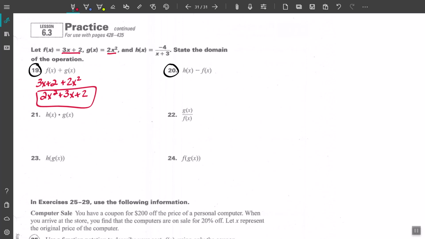Now, they ask you to state the domain of the operation. What that means is what x's will satisfy this function, 2x squared plus 3x plus 2. This one isn't really a problem, because we can stick any x in there and get a legitimate y out.